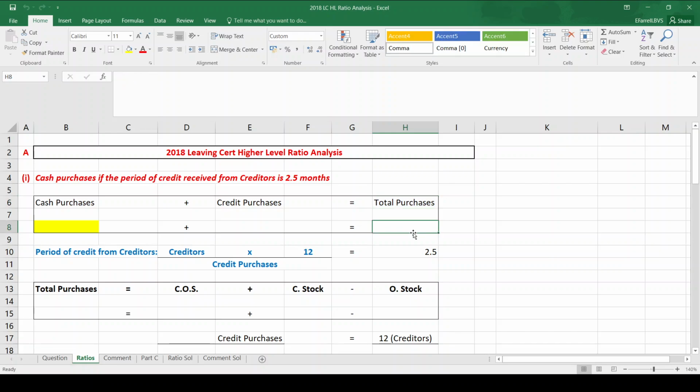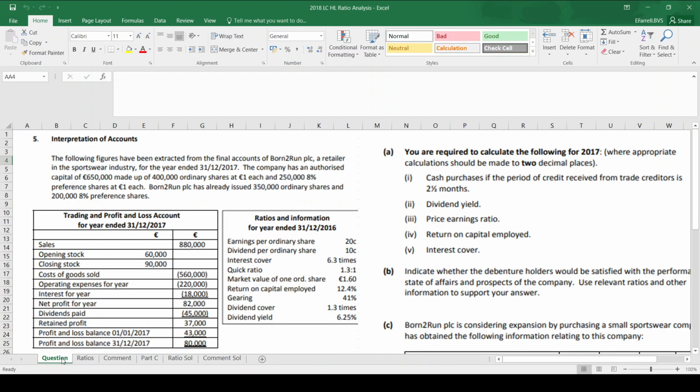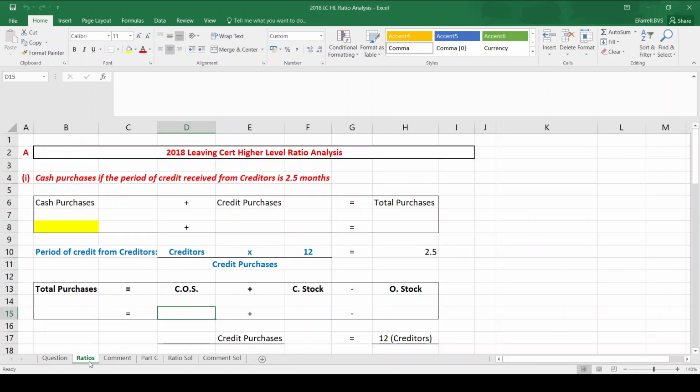The sales one is a bit easier, as total sales is given to us in the question, whereas total purchases is not. So we have to do a little work to find out total purchases. Total purchases is equal to cost of sales plus closing stock less opening stock. So if I go to the question, my cost of goods sold is 560,000.